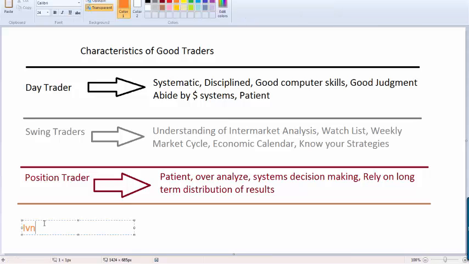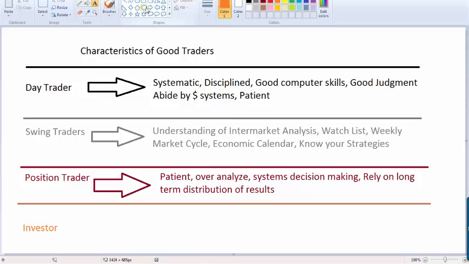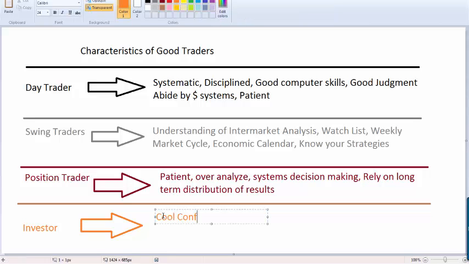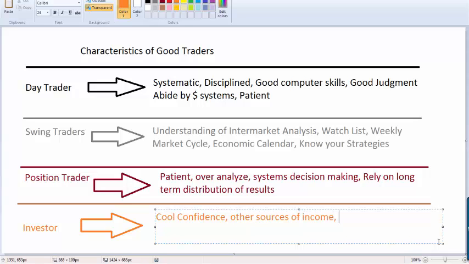The investor. I think that you've got to have a cool confidence about you, okay? I really believe you also need other sources of income. I mean, think about it. If you're investing in something, you're not necessarily pulling the money out of it right away, are you?